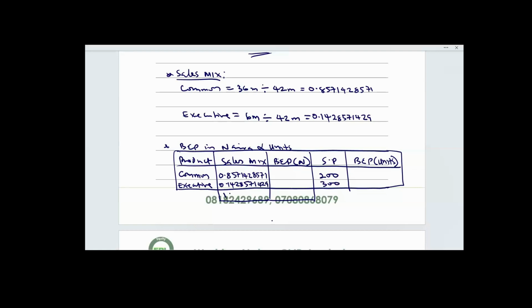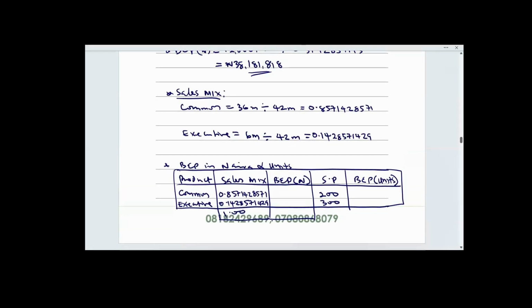When you add it together, it should give you 1. So the break-even points in naira that we want to share is 38,181,818 naira. That's the total break-even points in naira that we want to share.